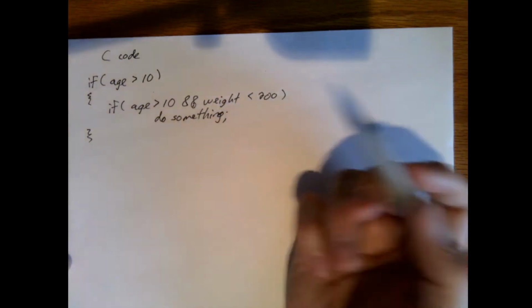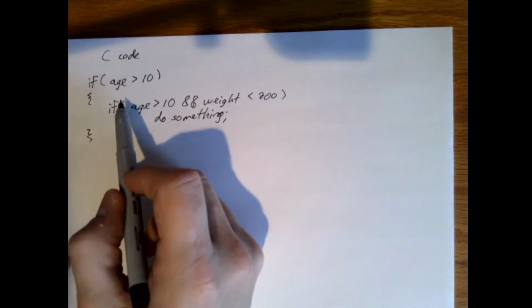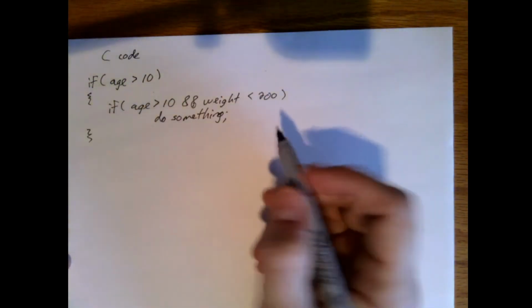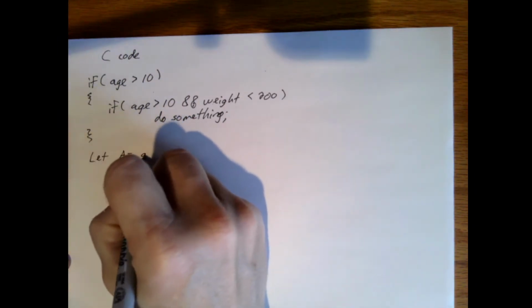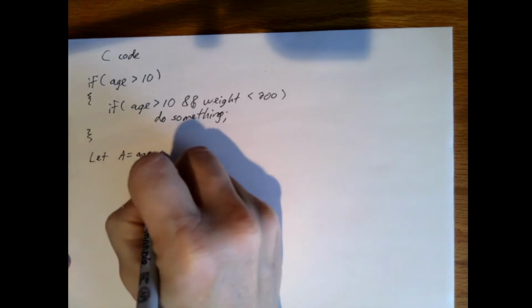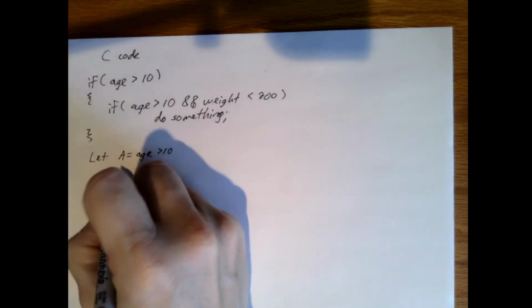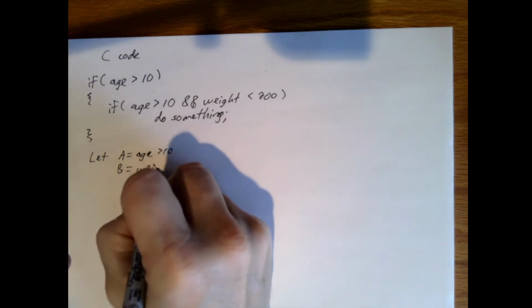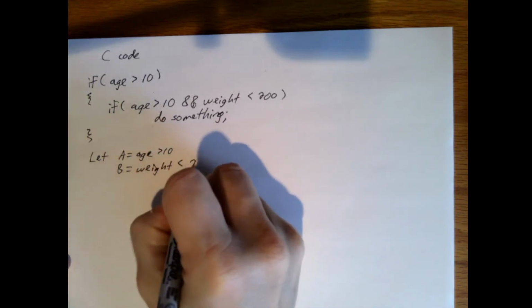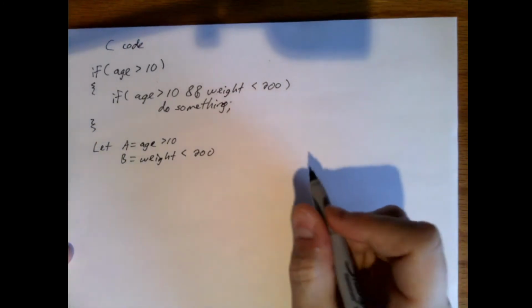That's my point. We want to see, is this the way it has to be written, or could we make it simpler? So let's let A equal age greater than 10, and B will be equal to weight less than 200. So what expression represents this?